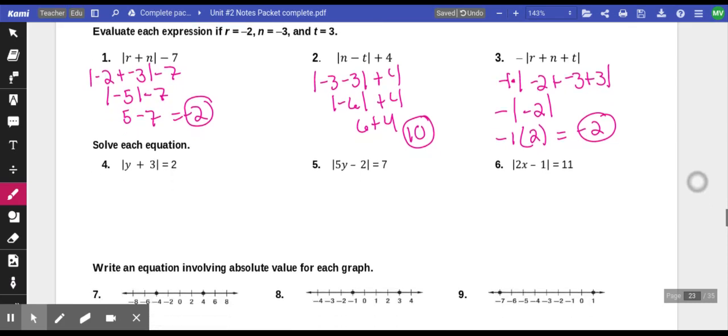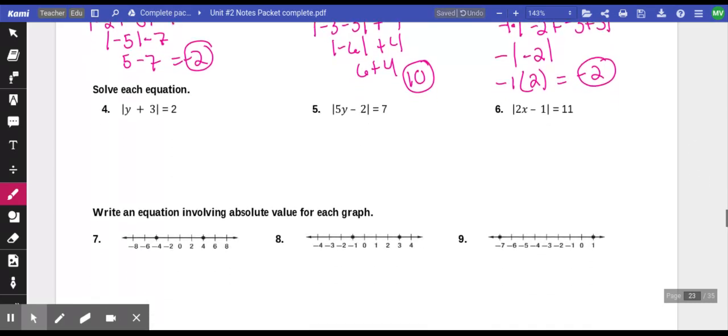Now we're going to talk about solving. So if I have the absolute value of y plus 3 equals 2, I need to separate that. So I'm going to do y plus 3 equals 2. And then I'm going to do -1 parentheses y plus 3 equals 2. Because whenever I'm solving an absolute value, I have to take into account that there's two solutions always.